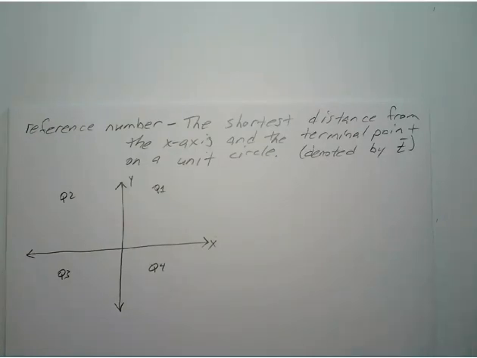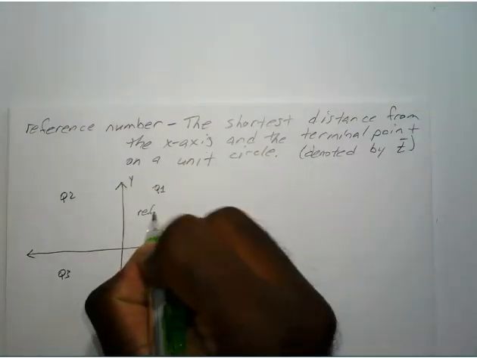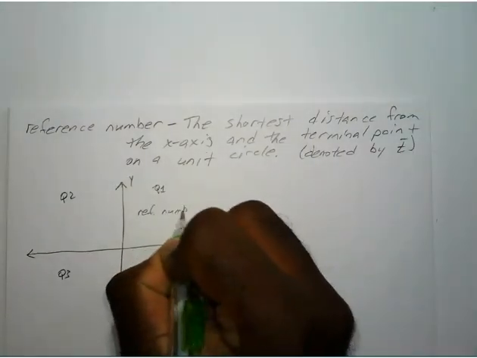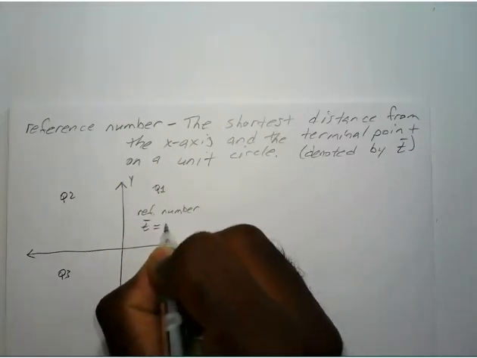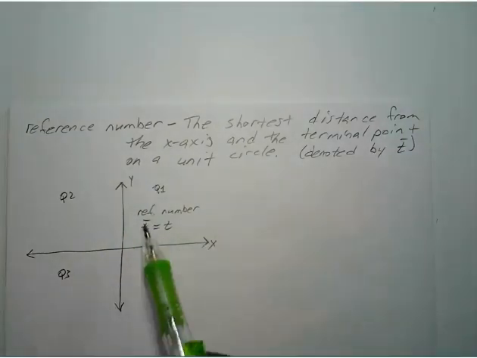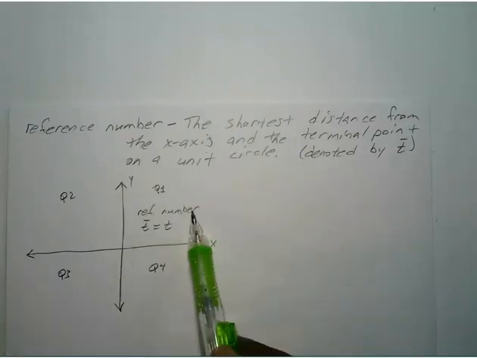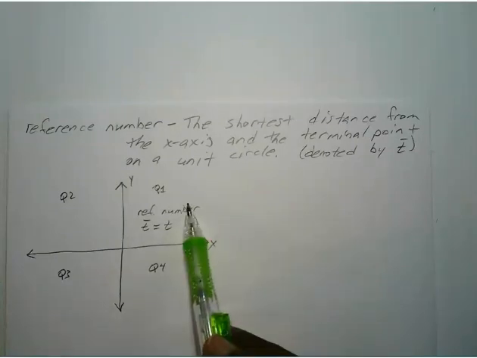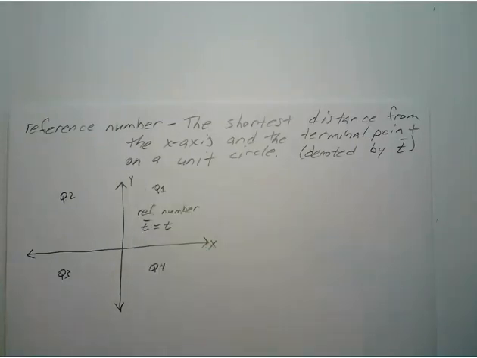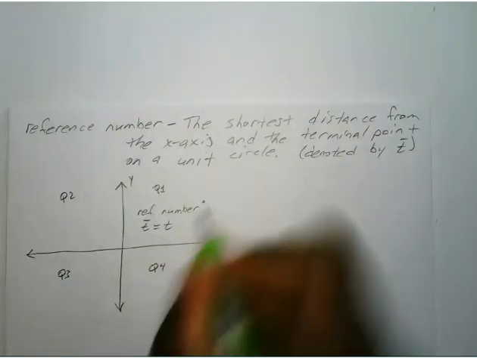Okay, now in quadrant 1, our reference number t bar is just equal to our regular number. So if we go up 55 degrees, or let's say pi over 3 radians or pi over 4 radians, our reference number is just going to be pi over 4 in quadrant 1, because that's the closest to the x-axis.